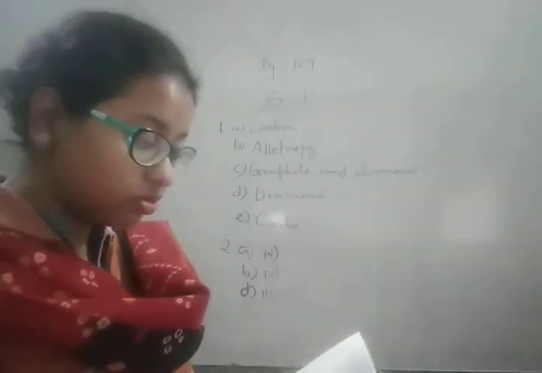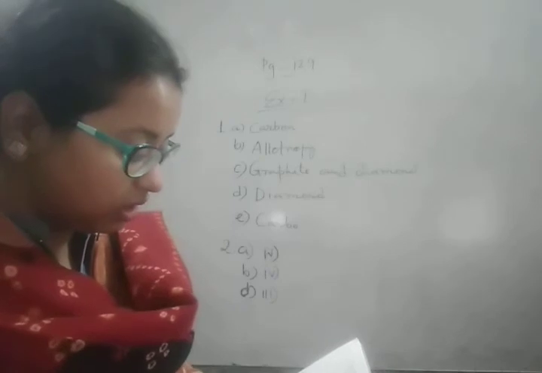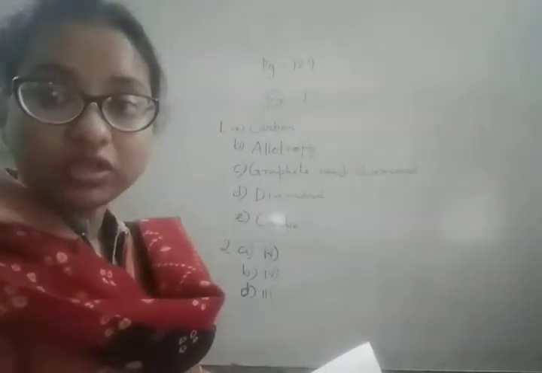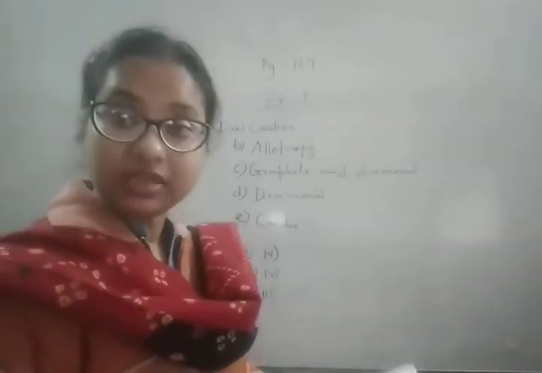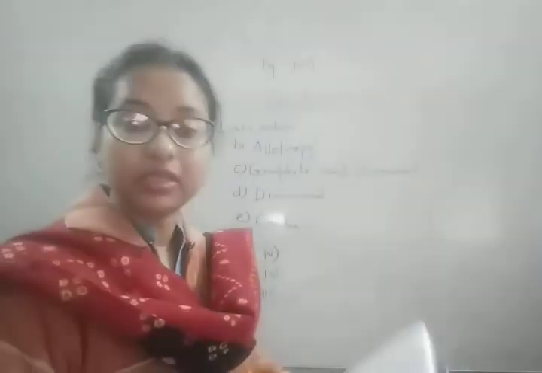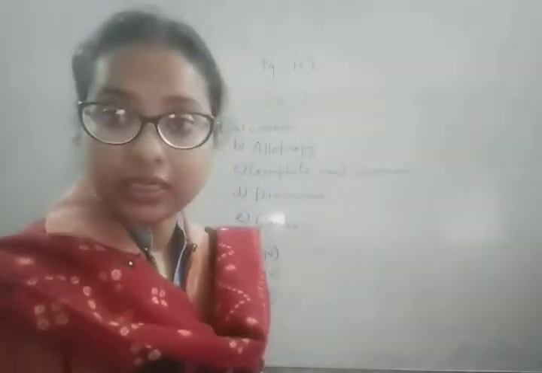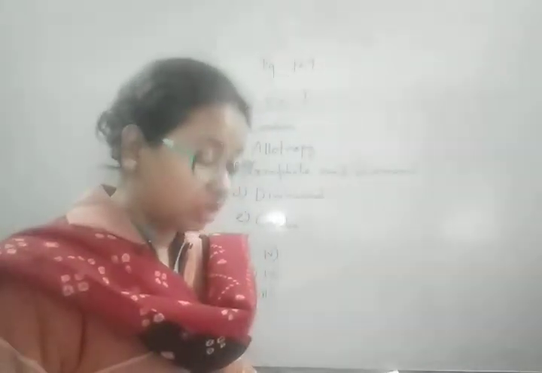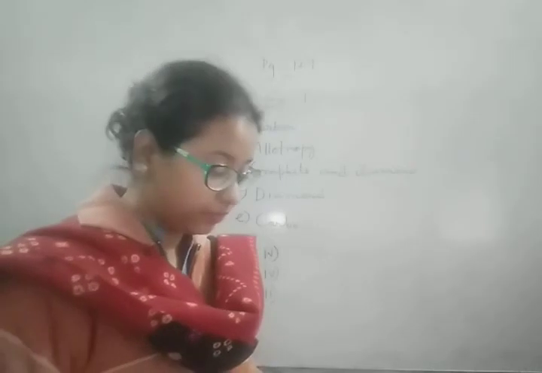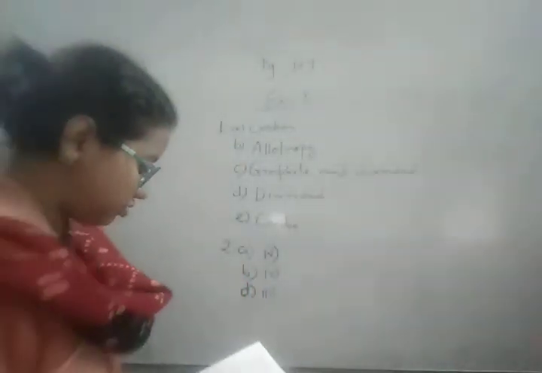Other options may also be correct, but the most convincing answer is number 3. Carbon atoms can form long chains. That is the catenation property of carbon, and for that we get innumerable compounds of carbon. So option 3.